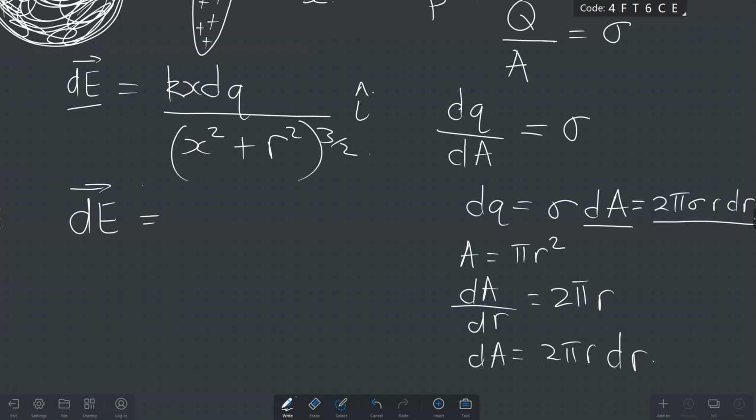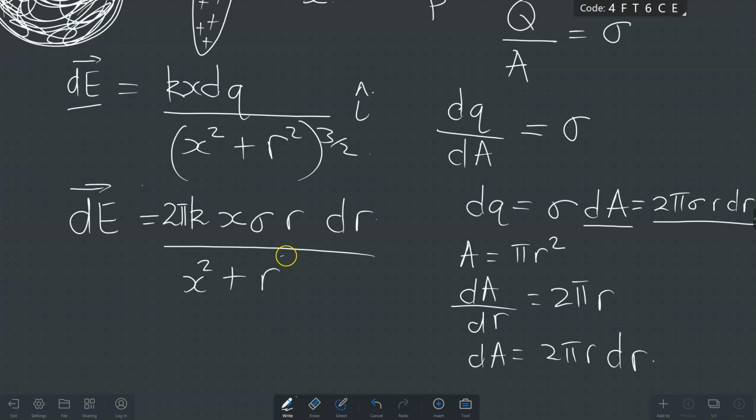That's going to be equal to k x, then we put a 2 pi sigma r dr. So it's 2 pi k x sigma r dr over x squared plus r squared to the power 3 over 2.